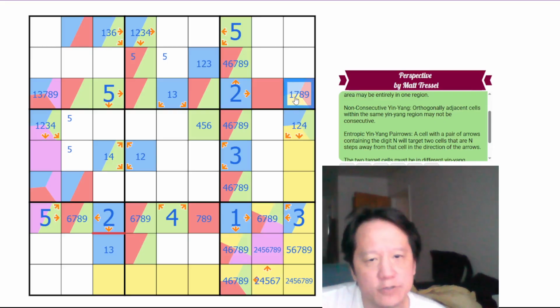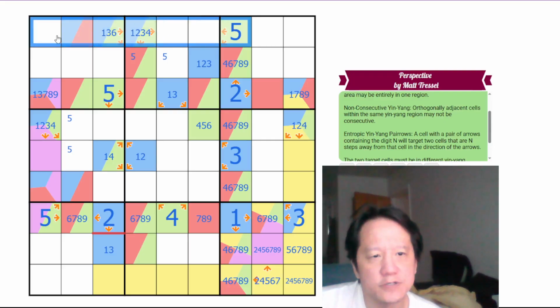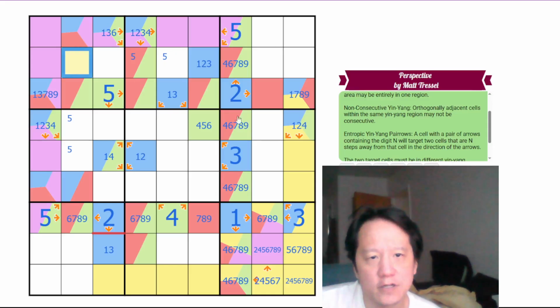Oh, this swaps here too. This is 2. So this is all pink. That makes this yellow. Okay, that's pretty useful. So this has to be blue or red also, because it cannot be green.